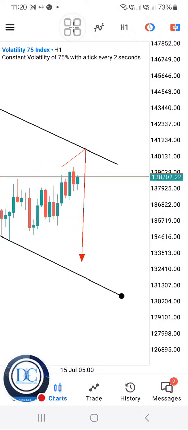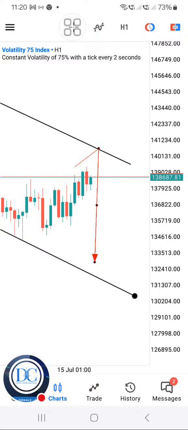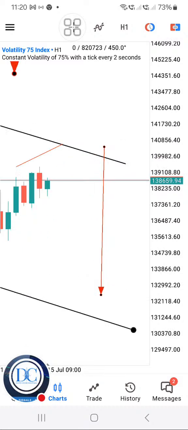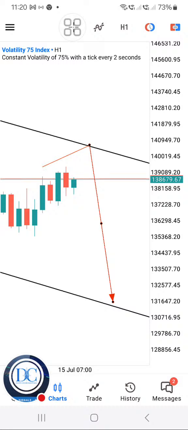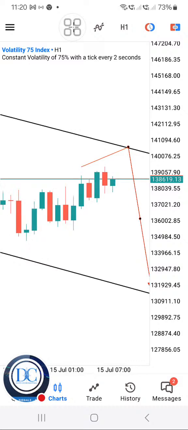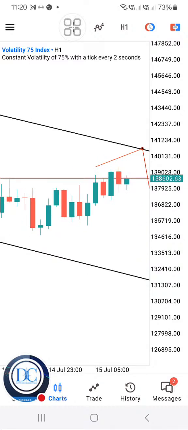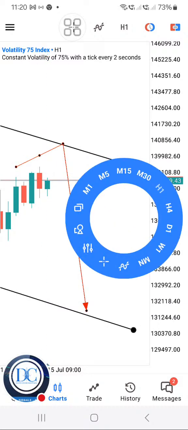Come on. I wanted it to reach that point and then reverse. So that's what I'm looking for in VIX 25.